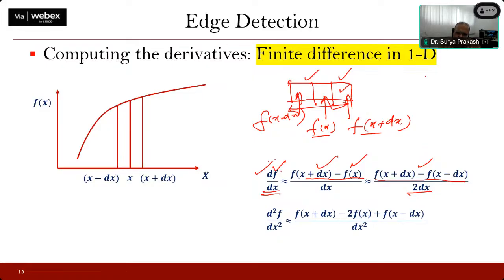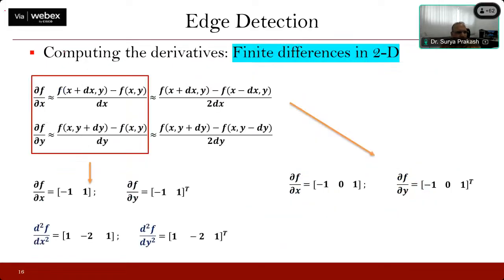And similarly, here we are talking about 1D differences. Now you can have 2D differences as well. If you're defining the 2D differences with respect to an image, the formula is going to be something like this. Now when you are computing the differences in your image, you are basically trying to compute finite differences.